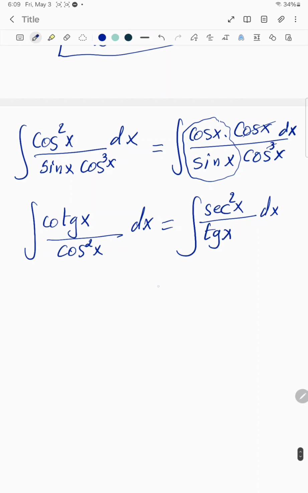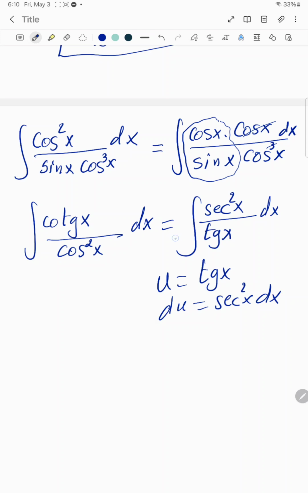And now if I take my u equal to, always we take the denominator as I said, tangent of x, my du equals sec square of x dx.